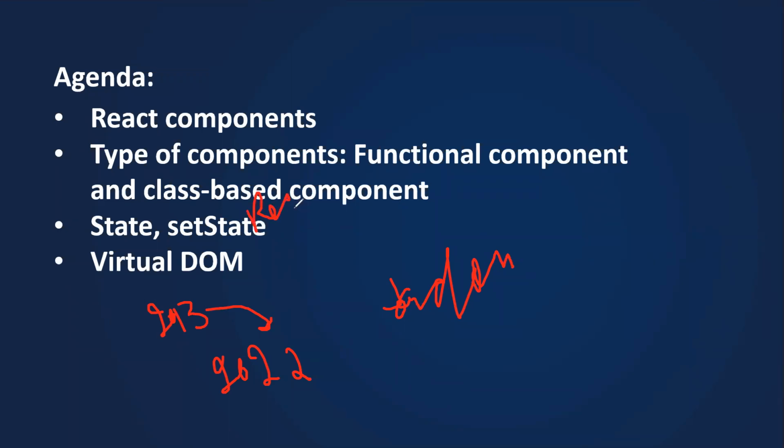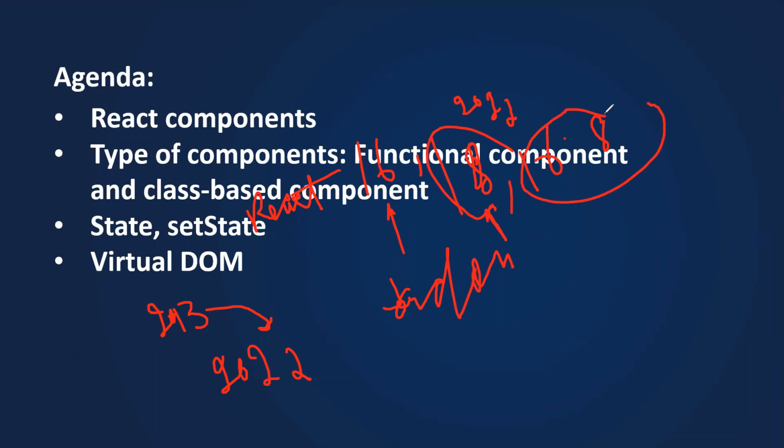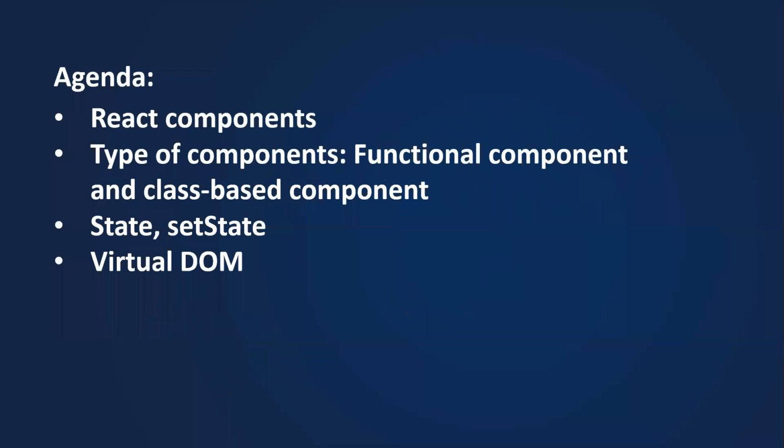The major version that really made a lot of changes was 16. Then React 18, which was introduced this year in March 2022, is the latest one, and 16.8 was also a major version. These are the versions which added a lot of functions and concepts.